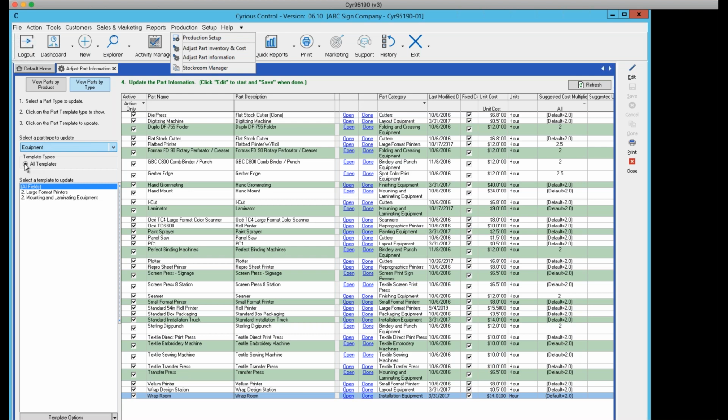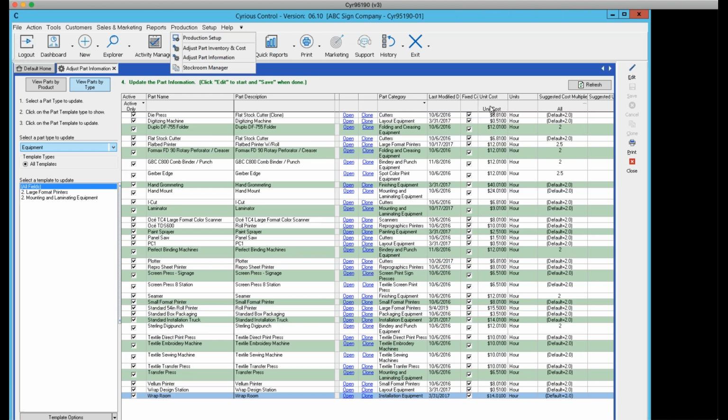And then I'm looking at all of the active equipment part templates. So this is the part name, and the end result of the equipment calculator for each of the devices that you may want to look at and examine what the hourly rate should be.